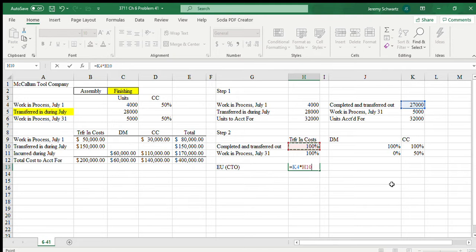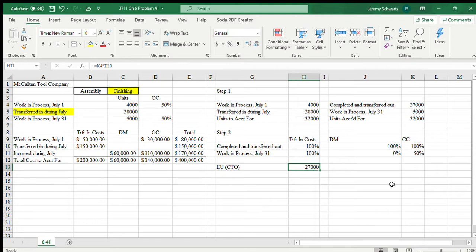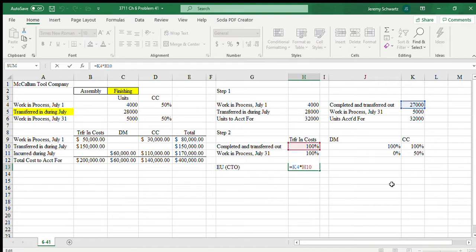So here we have the 27,000 multiplied by 100%, so we'd have 27,000 units here, equivalent units for completed and transferred out. And so then if we were to copy and paste this formula down, what we'd want to do is allow the row to vary here for this particular item, but not the column.